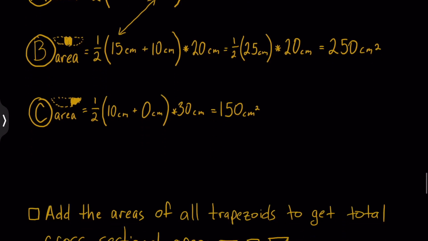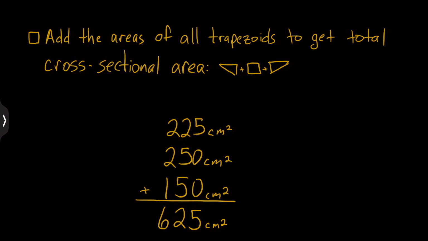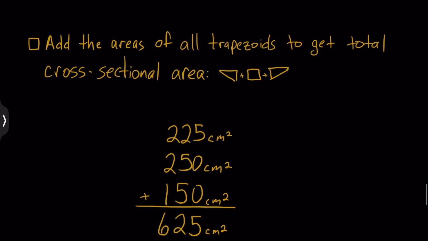Good enough. Next, we just add these three areas together. 225 plus 250 plus 150 is 625 centimeters squared, which, again, is not actually a very large space. This is a tiny fraction of 1 square meter, as we'll see here in a moment once we do our unit conversion.